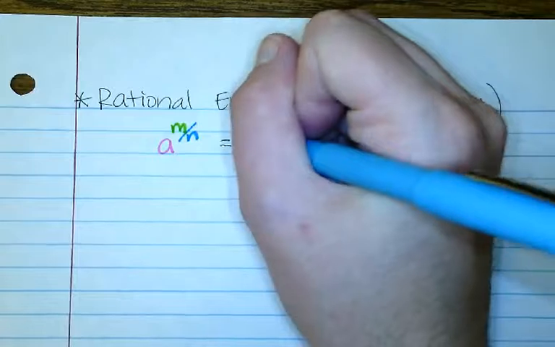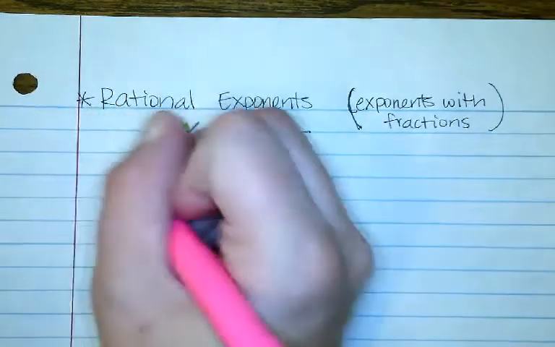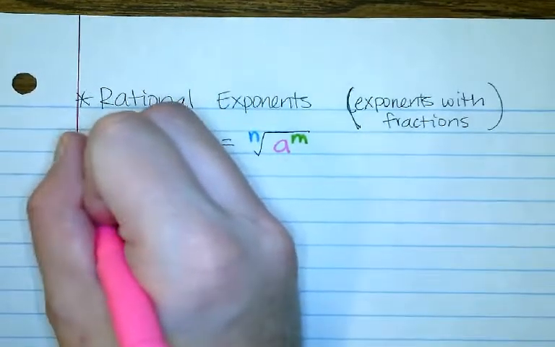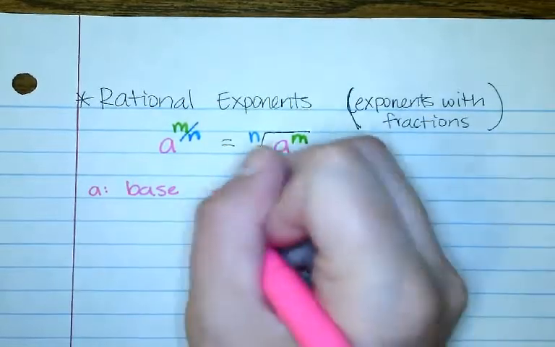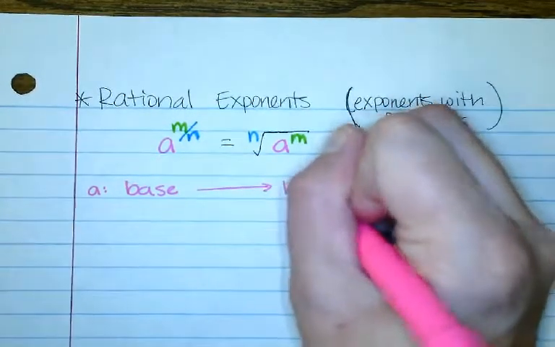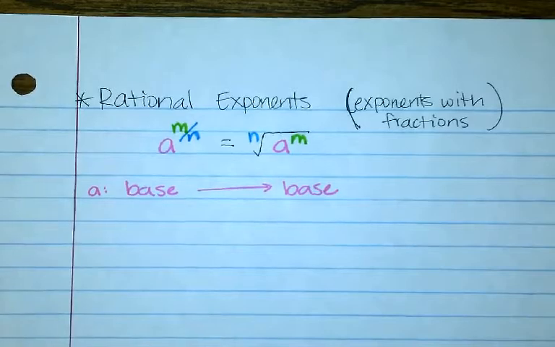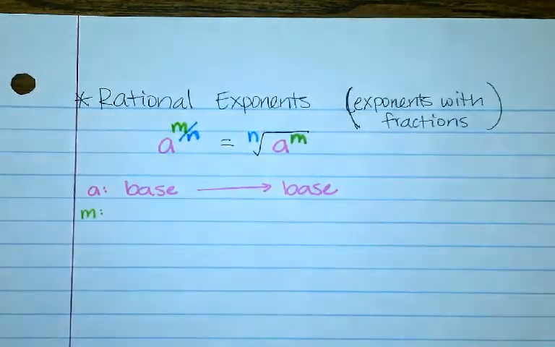All right, guys? So I'm going to actually write those things out here. My a represents the base. And when we go to radical form, it's still the base. The base is your base. All right, guys? The m, when we're in rational exponent form, represents your numerator.